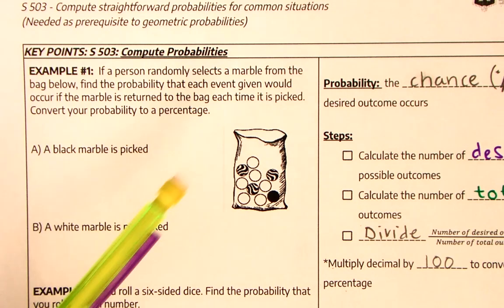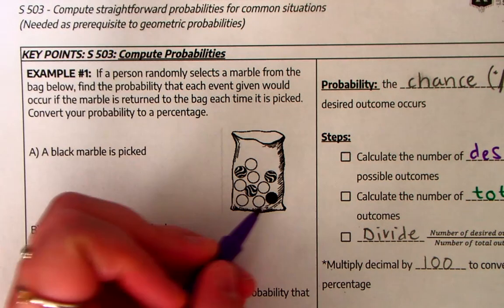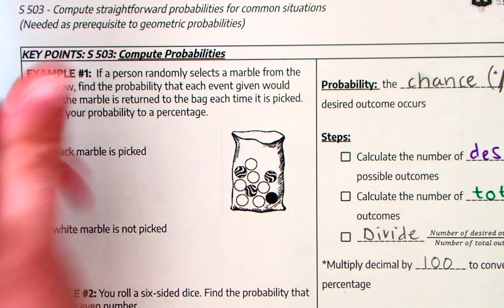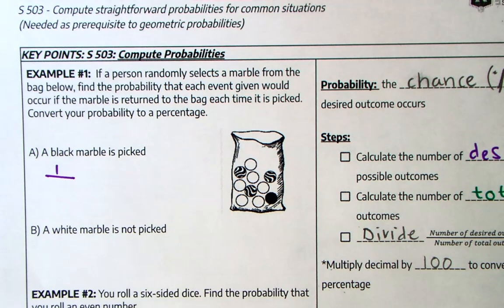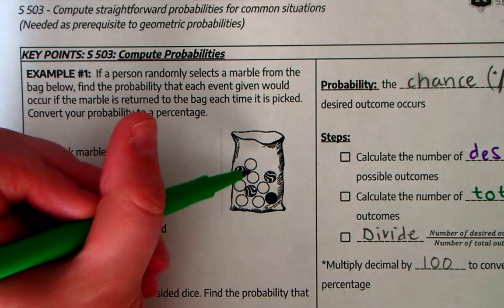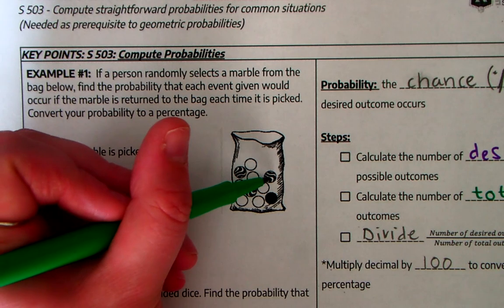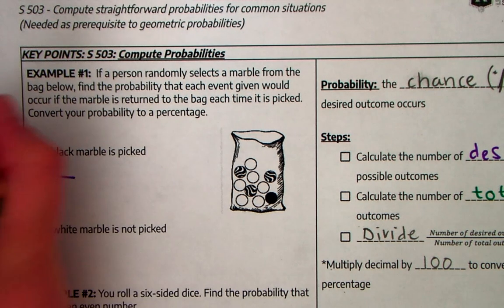Okay? So let's go back to this problem. So if we want the probability a black marble is picked, well, we want black, right? How many ways can we get a black marble? Just one way, right? So that's the desired divided by, well, what's the total number of ways? You could pick one. There's how many marbles in the bag? 1, 2, 3, 4, 5, 6, 7, 8, 9, 10. There's 10 marbles in the bag.